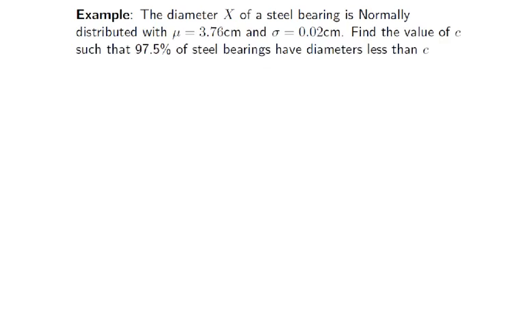So what we should find here is, again, what we know. X has normal distribution with mean value 3.76 and variance 0.02 squared.